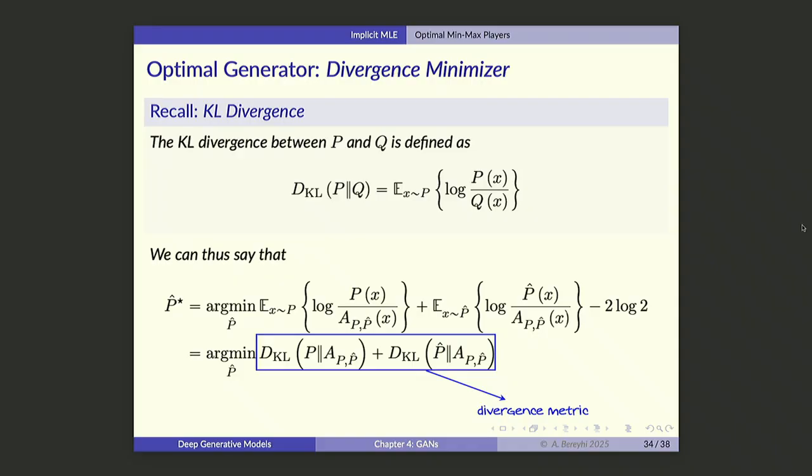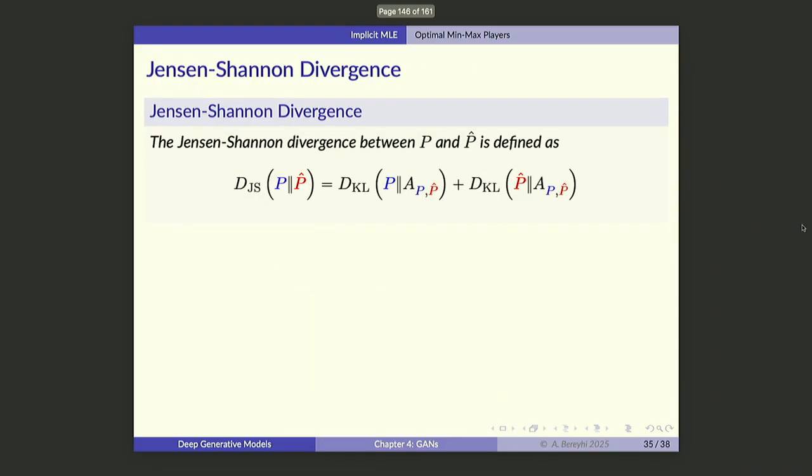So it's going to be symmetric. This is what we call Jensen-Shannon divergence. So the divergence between P and P hat looks like this: P with its average, the KL divergence, plus P hat and its average using KL divergence, right?